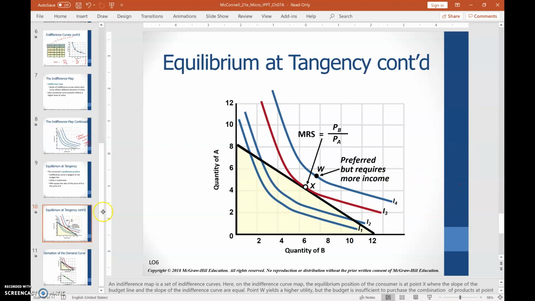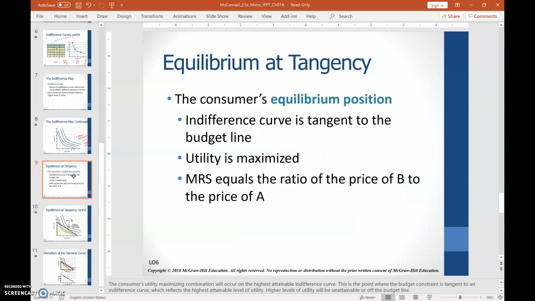Now the next slide, we are looking at the intersection of the indifference curve and the budget constraint. So basically that is the consumer's equilibrium position, where the indifference curve is tangent to the budget line and utility is maximized.